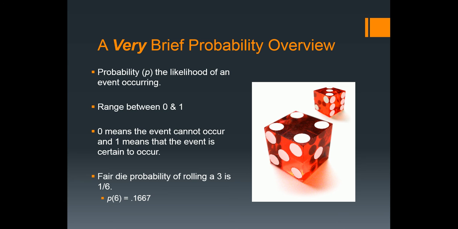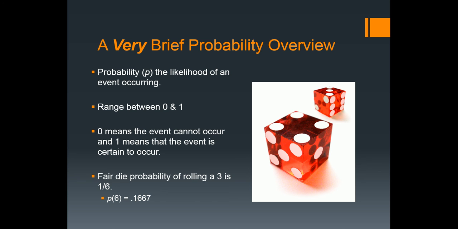Probabilities range between 0 and 1. 0 means the event has no chance whatsoever of occurring. 1 means the event is definitely going to occur. Usually when we're talking about probabilities, we're not talking about 0 or 1, all or nothing type things. We're usually talking about somewhere in between.